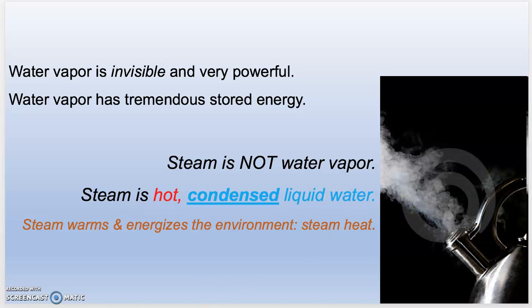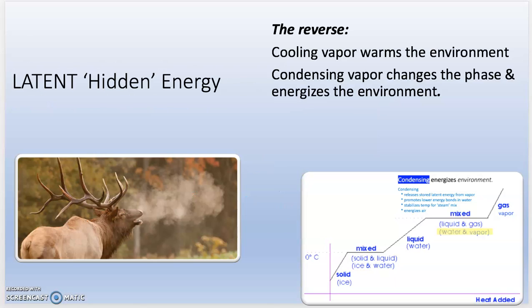In addition, we can look at that water vapor in a real life situation in the environment and understand a little bit more about how that water vapor and its condensation can warm the environment. The elk here, I think it's an elk. People tell me it's a moose, but I'm pretty sure it's an elk.